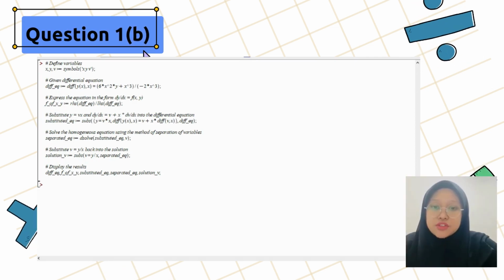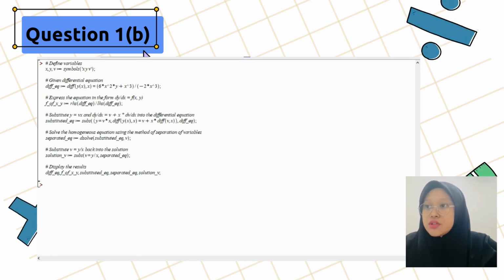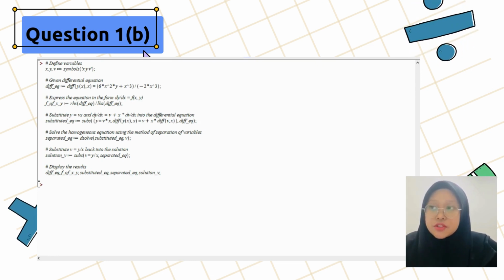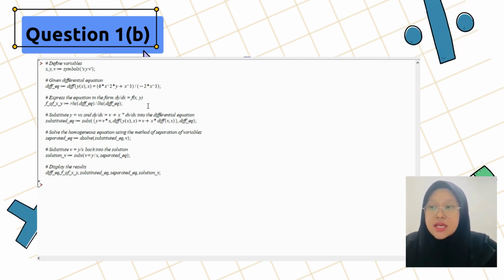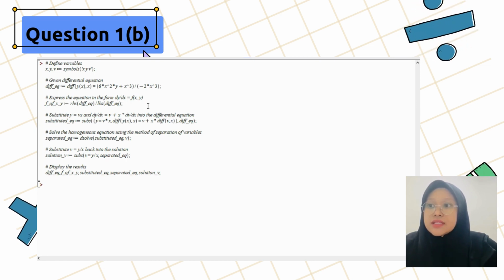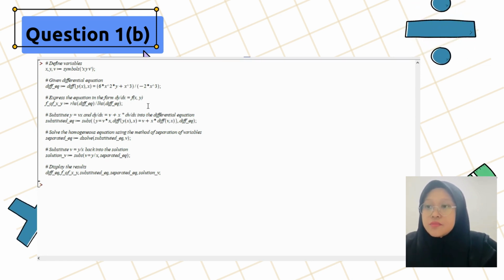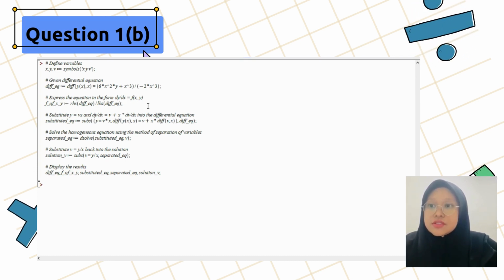Next, for the homogeneous equation, this is the homogeneous coding. We need to define the variable first with the given differential equation, then express the equation in the form dy over dx equal to f(x,y), and then substitute y equal to vx and dy over dx equal to v plus x dv over dx into the differential equation.